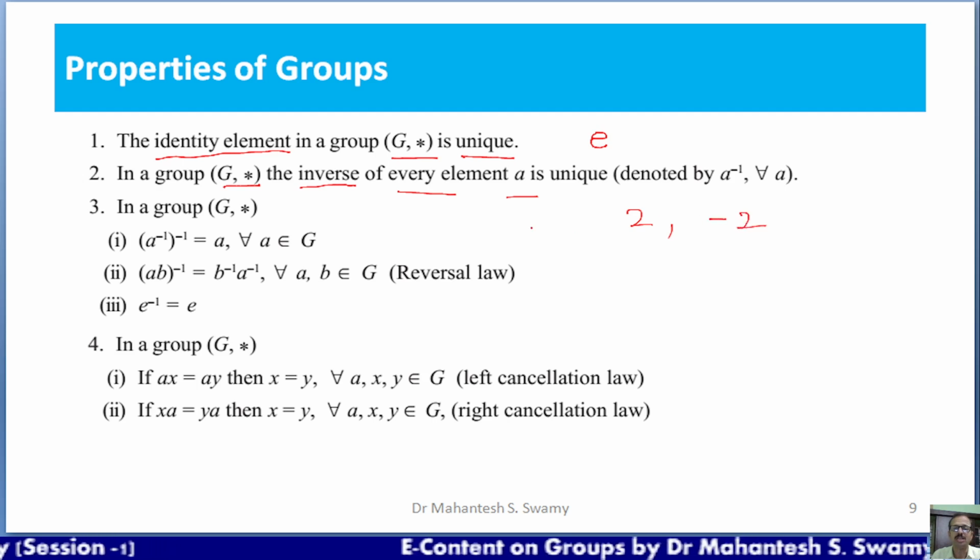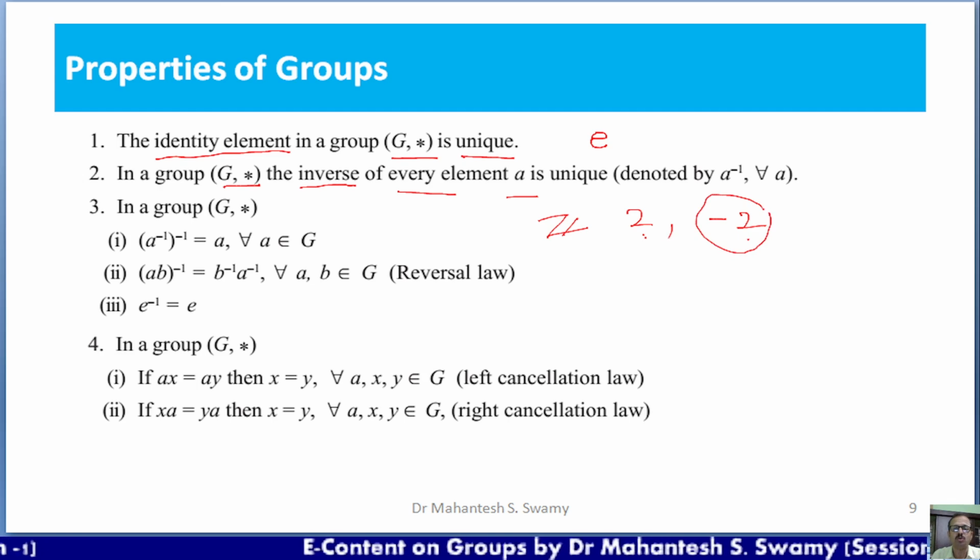You consider the set of integers. In the set of integers, if you consider 2, its additive inverse is -2, and this -2 is the unique element with respect to 2. So, in general, for any element A, the inverse is unique. That is the second important property.